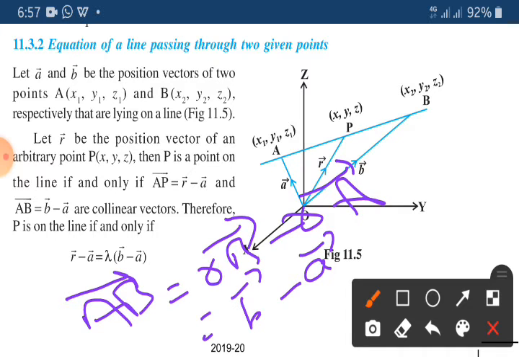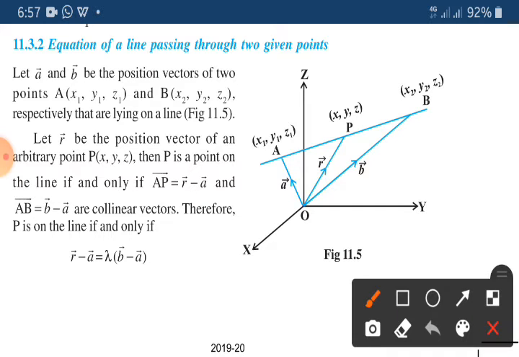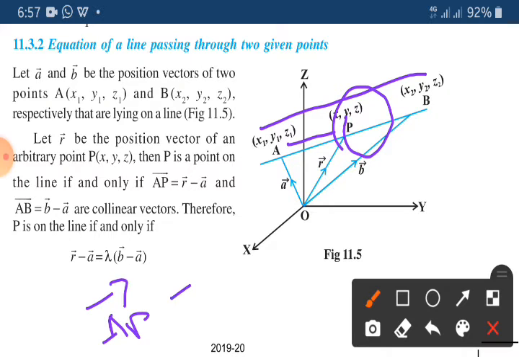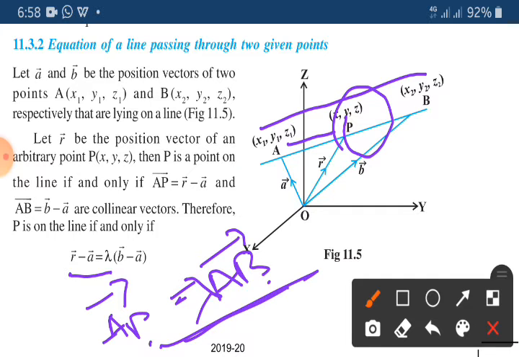Now, the AP and AB vectors are collinear vectors. Point P is on the line if and only if AP vector is equal to lambda times AB vector, because AP vector and AB vector are parallel or collinear.